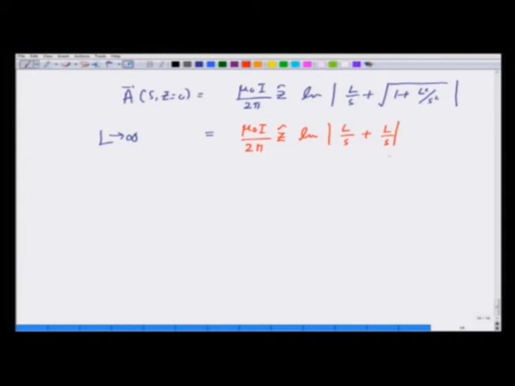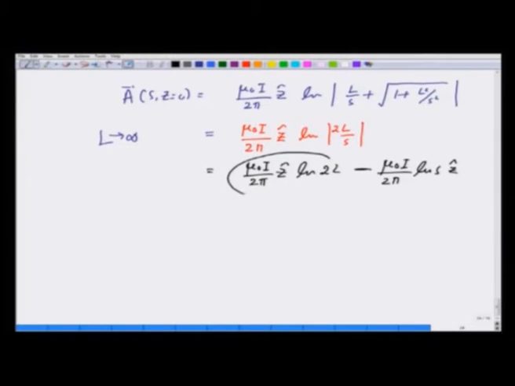So, I will erase this and write this as 2L over s, which is equal to mu naught I over 2 pi z log of 2L minus mu naught I over 2 pi log of s z.